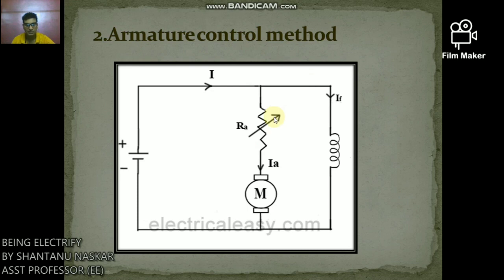Thus, if we add resistance in series with the armature, as in this picture, Ia will decrease and hence the speed also decreases. The greater the resistance in series with the armature, the greater the decrease in speed.